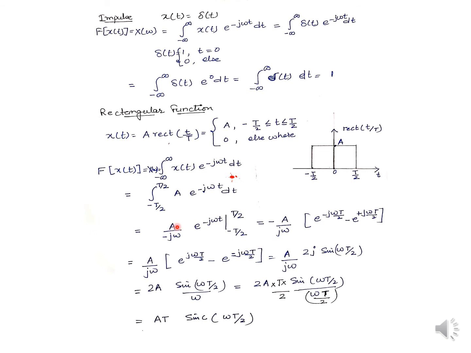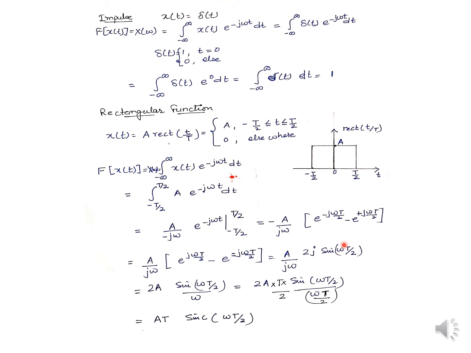A is a constant. Put the limits. So when you rearrange it after taking this minus sign inside, it will be something like this. At this point you need to know the trigonometric identity that e raised to the power j theta minus e raised to the power minus j theta divided by 2j equals sine theta. So using that we can replace it with 2j sine omega T by 2.